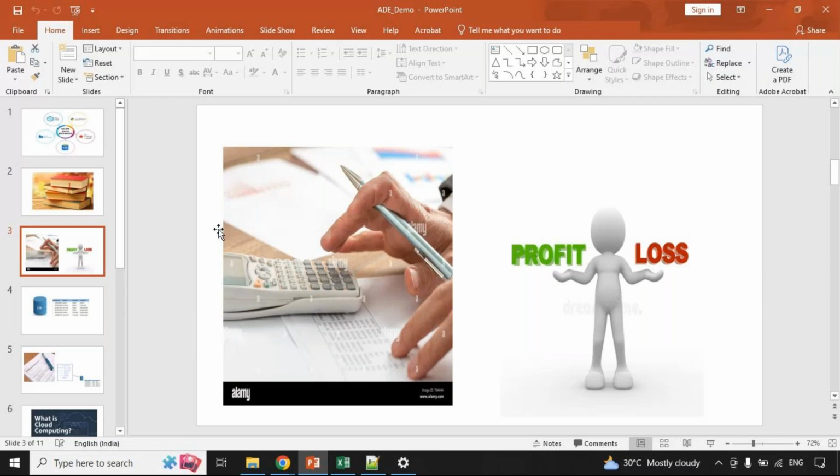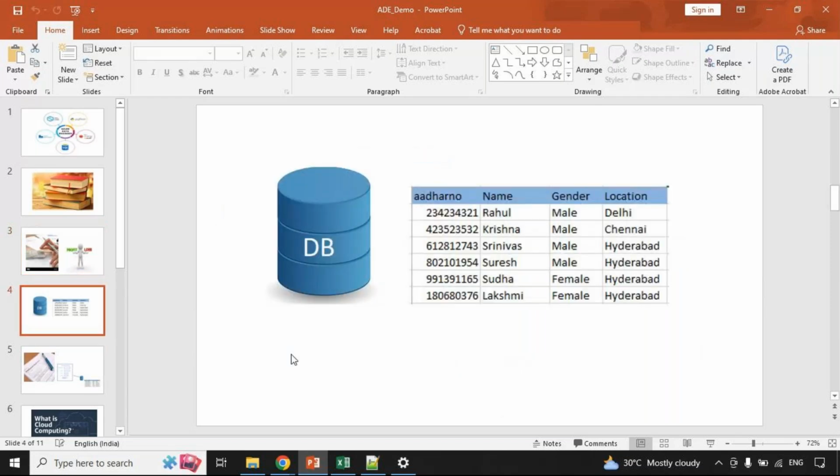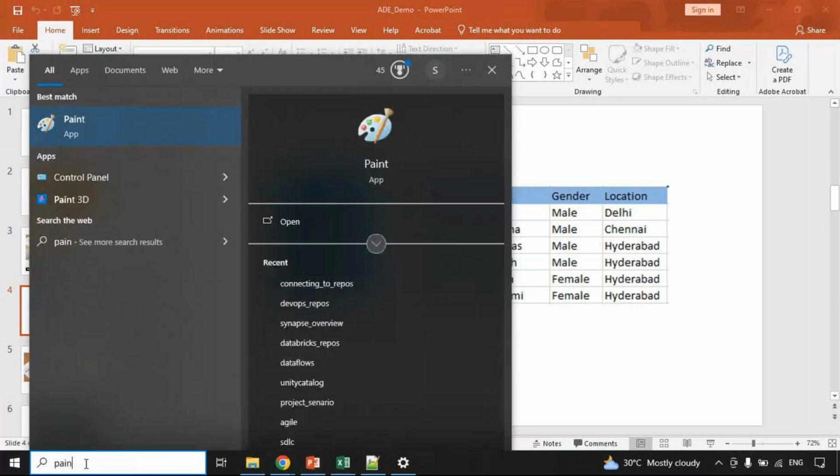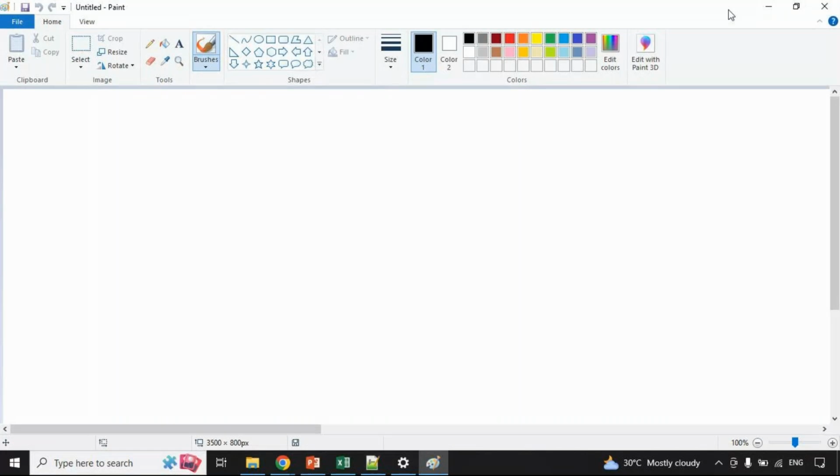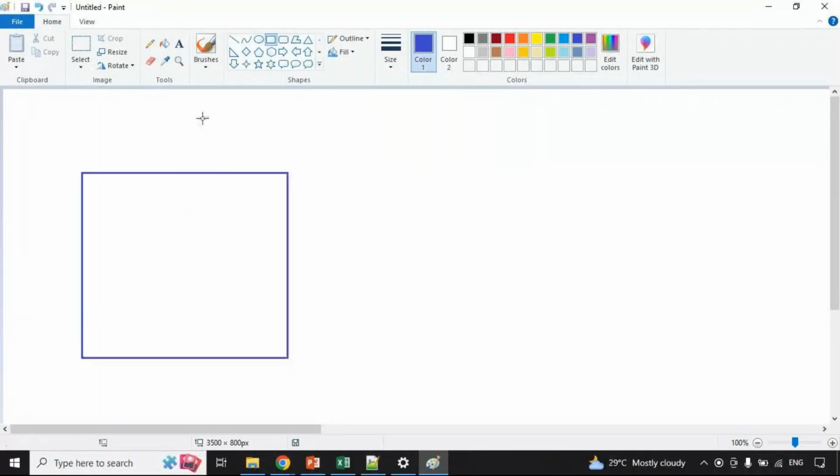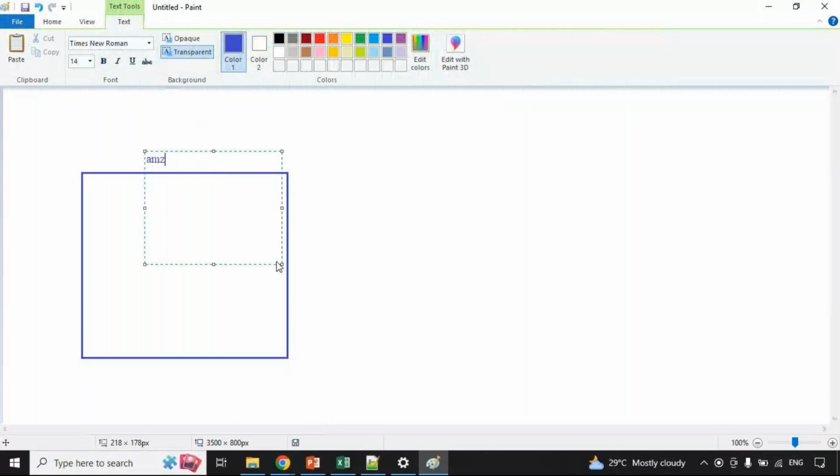Once software came into the picture, we maintain the data in the database. In the database, we can store the data in rows and columns. For a simple example, consider a front-end application, Amazon. The first time when you log in, you go through registration.